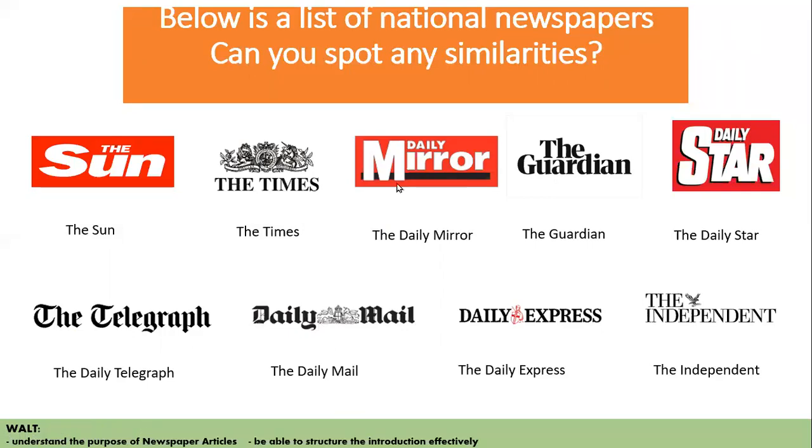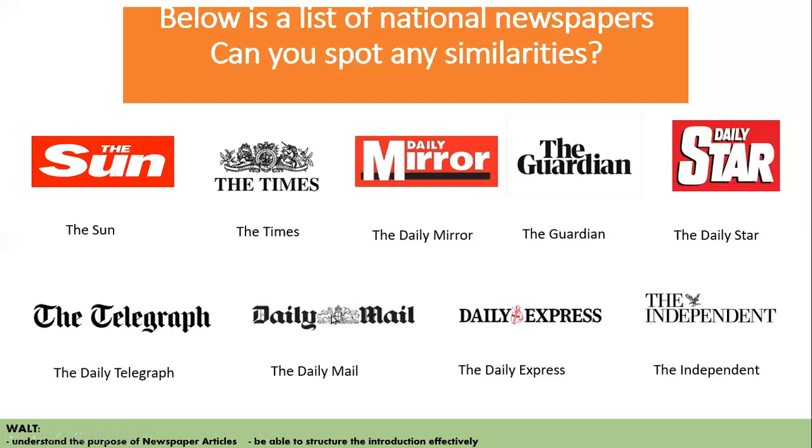You might also have noticed that some of them have these intricate logos. And what does that tell you about the newspaper? Does it give you any information? Does it make it seem new or old? So to me, it suggests that these are newspapers that have been around a long time.